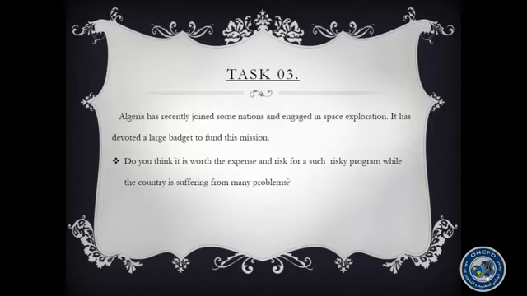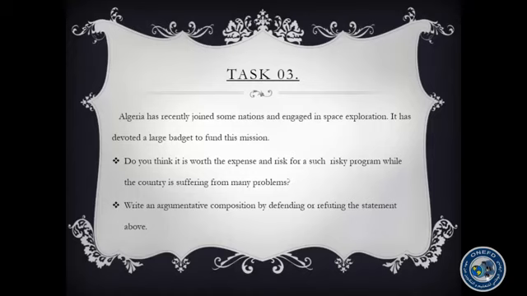So what do you think? Is the mission of space exploration worth this large budget or not? Do you agree or do you disagree? So, what you are going to do is write an argumentative composition by defending or refuting the statement above.